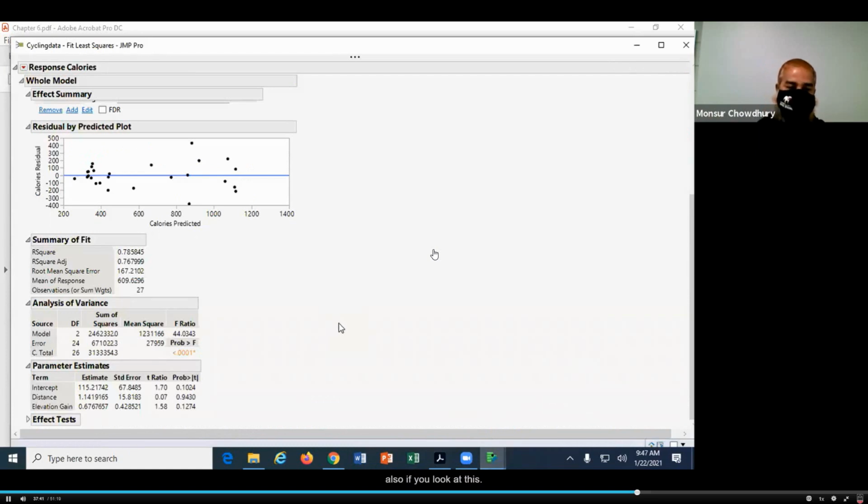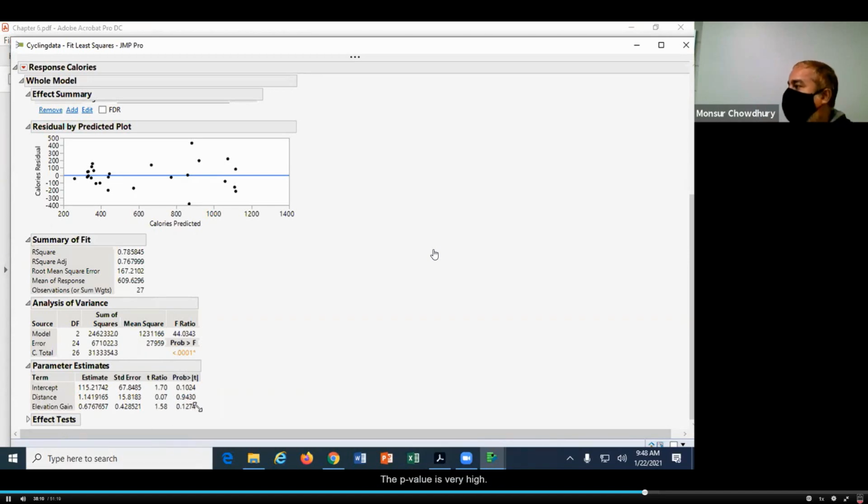Also, look at this. For the multiple regression model, what does the F ratio tell us? The overall model is useful. What about the individual parameter estimates here? For the distance, the p-value is very high. What about the elevation gain?